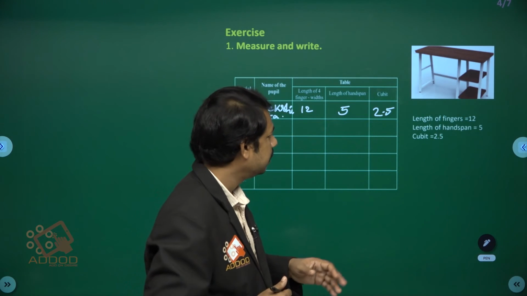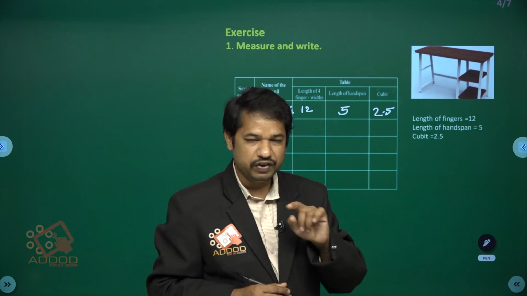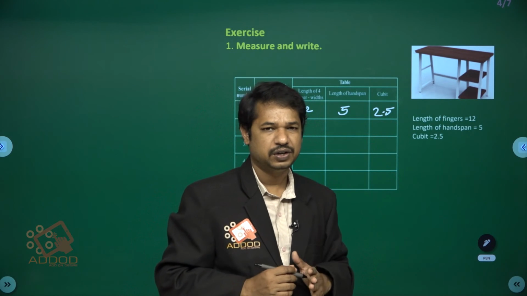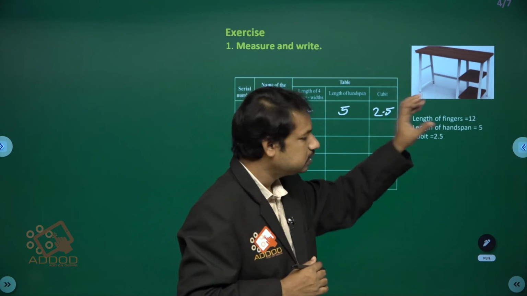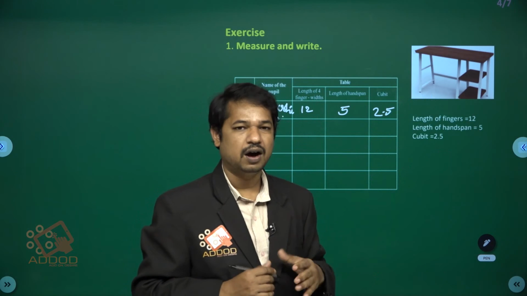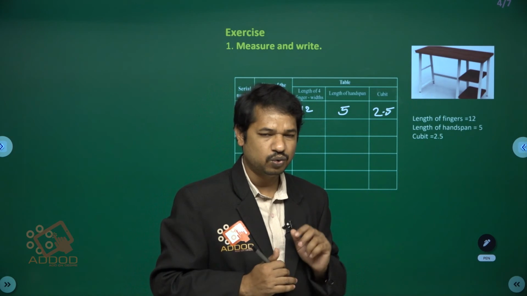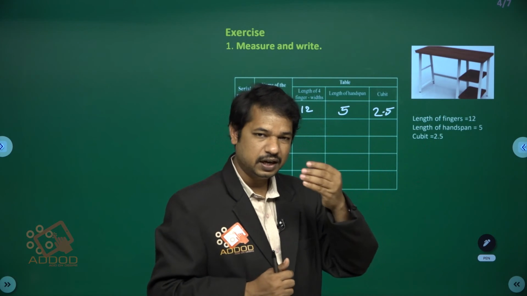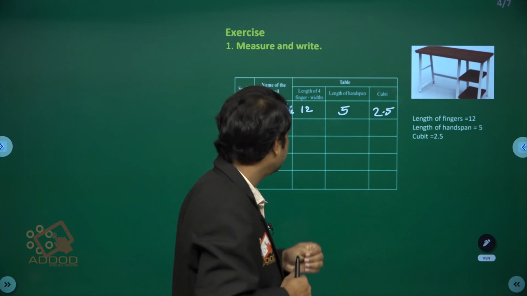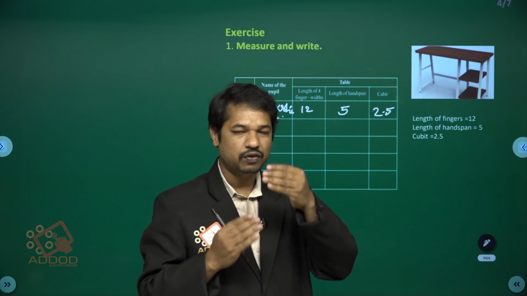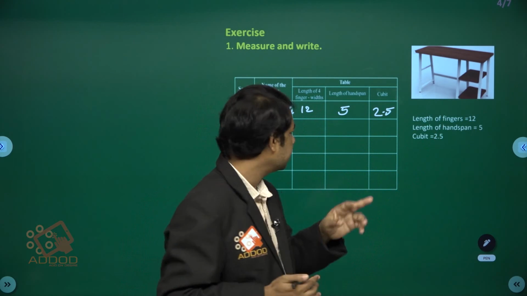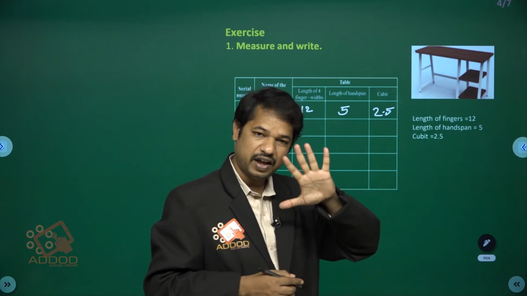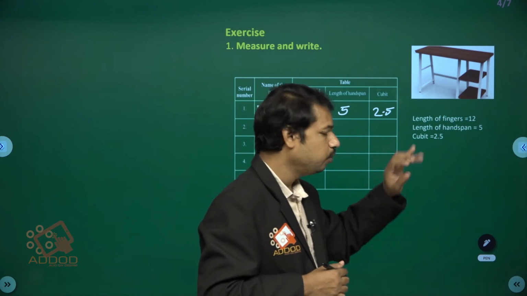See children, similarly, you take some things in your house or at your school. Similarly measure using the 4 fingers method and 4 fingers width. Next, length of hand span and cubit.